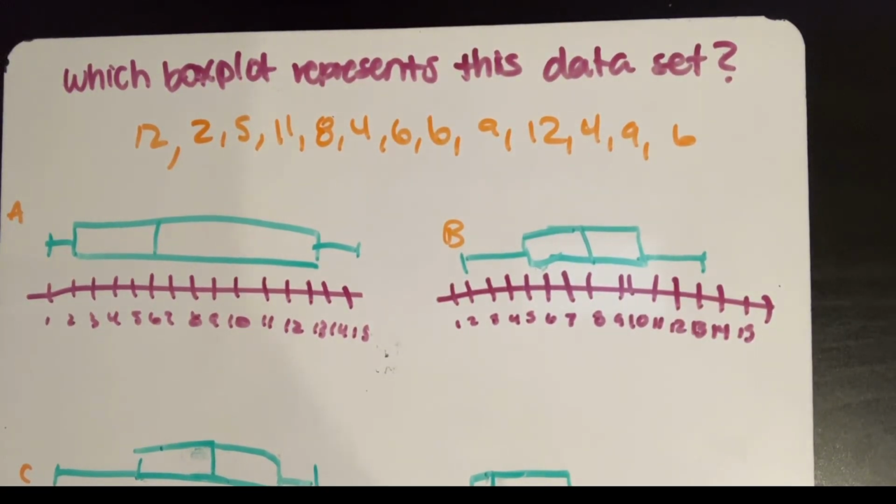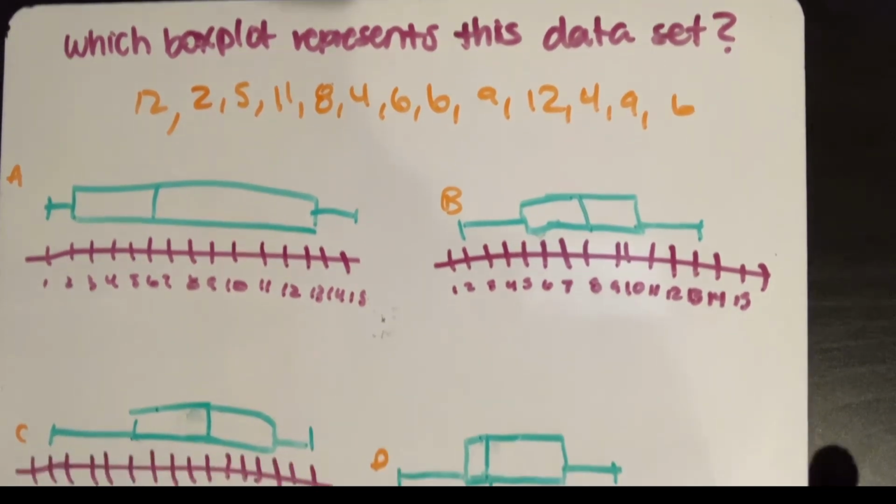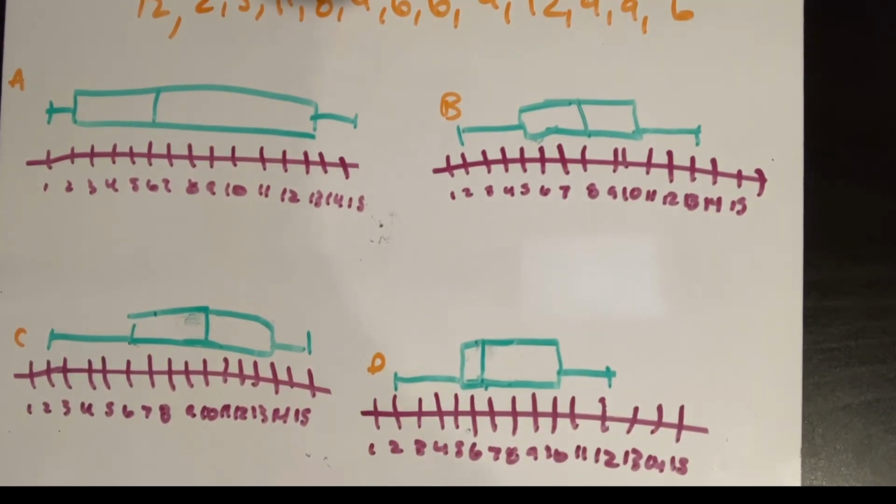Which box plot represents this data set? 12, 2, 5, 11, 8, 4, 6, 6, 9, 12, 4, 9, and 6. Let's look at the 4 options to see which one best matches this data set.